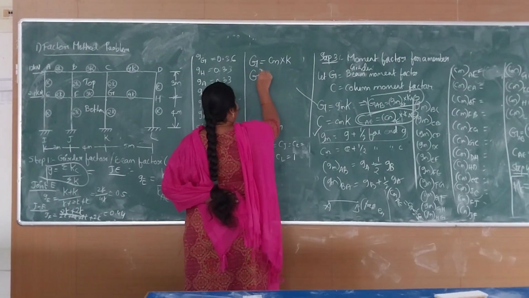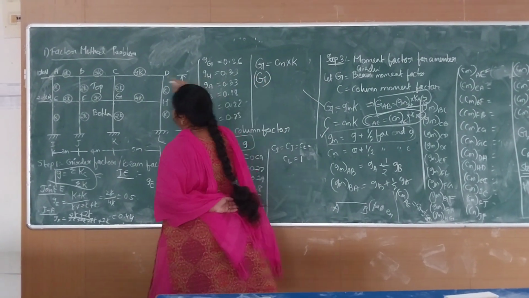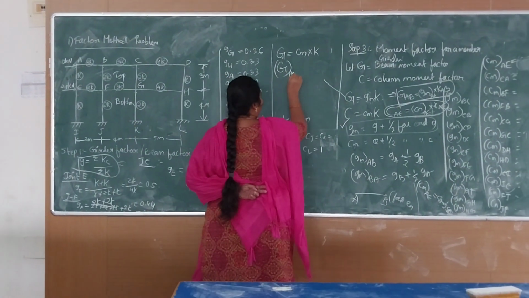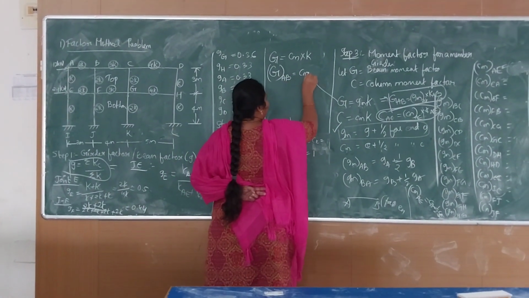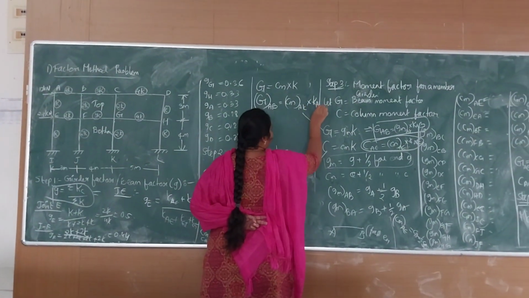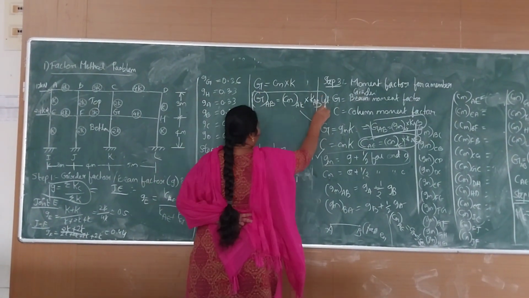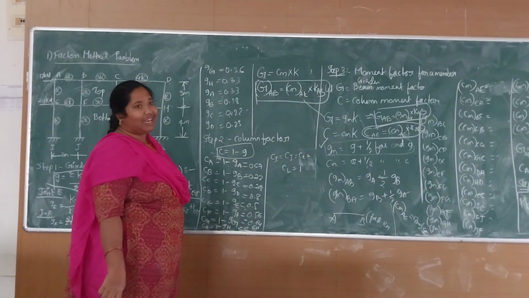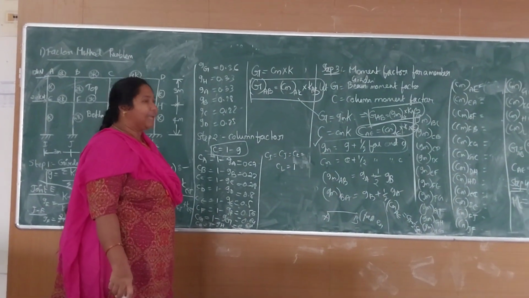Now I want to calculate capital G for the AB member. Capital G of AB is equal to GM of AB into stiffness of AB. This is the formula to be used to calculate the girder movement factor for the AB member.